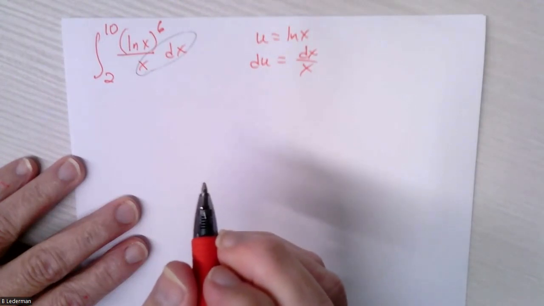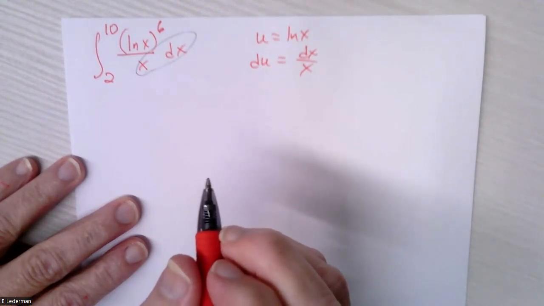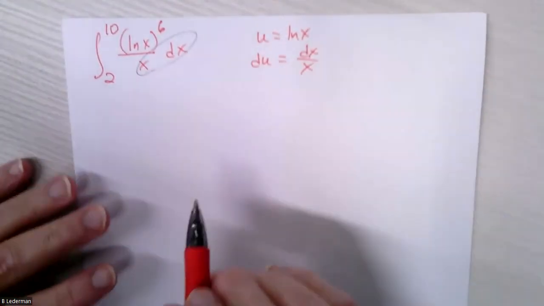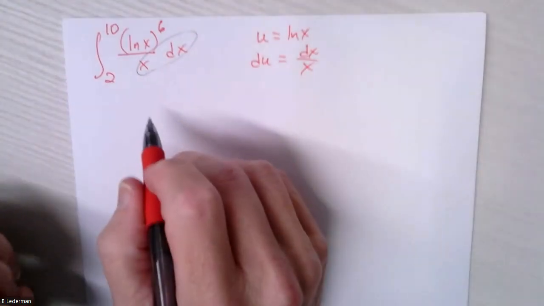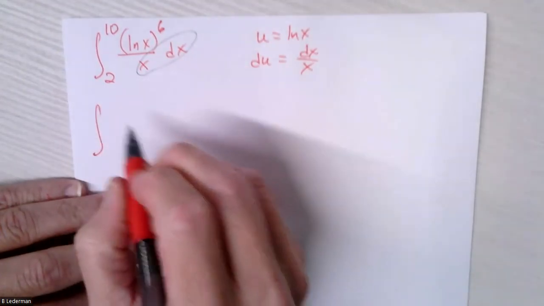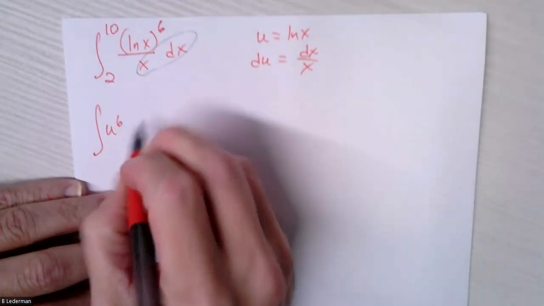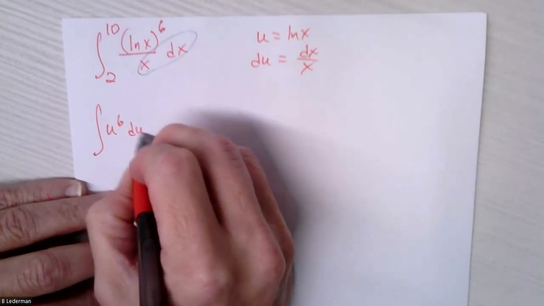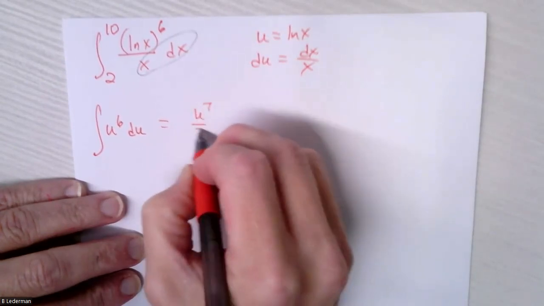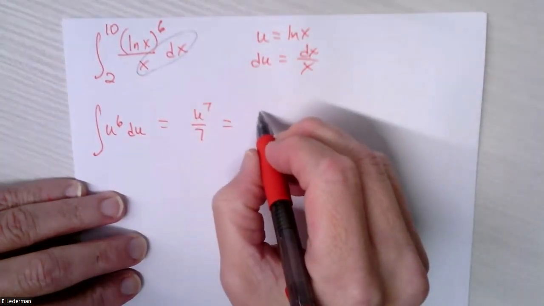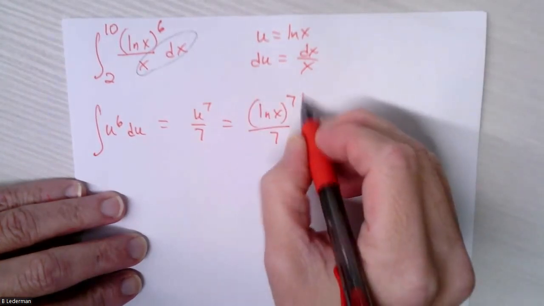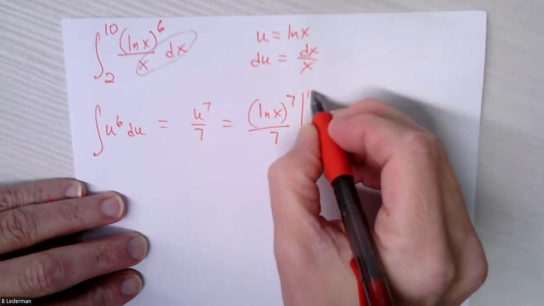Let's see. I'm going to do the back substituting thing here. So this is going to become the integral of u to the sixth du, which is u to the seventh over 7, which now is equal to ln x to the seventh over 7, evaluated between 2 and 10.